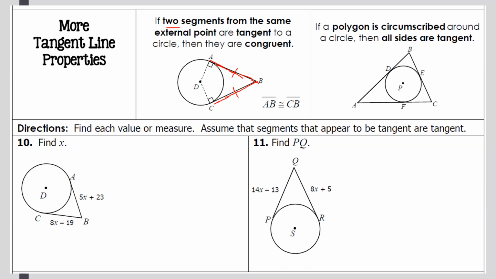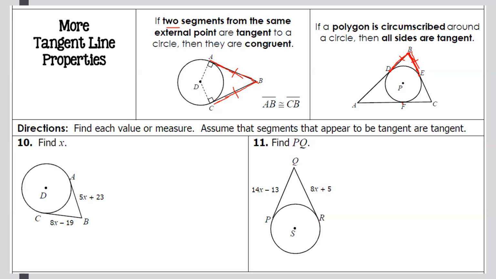And that happens even if you have a whole bunch of tangents. So like here it says a polygon is circumscribed around a circle. Circumscribed is just a fancy way of saying on the outside of the circle. Then all of the sides are tangent. So if you see a picture where you have a circle that is inside of a triangle and it's touching the triangle like this, you can say, oh, well, these 2 segments are congruent.